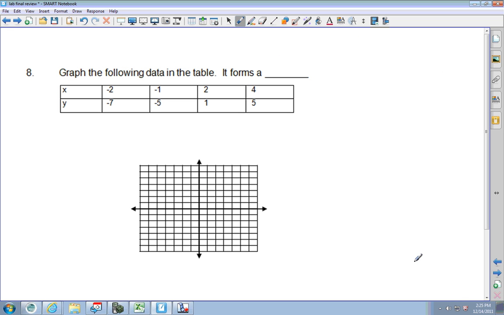The next one says graph the following data in the table and it forms a blank. Well, let's graph this. Negative 2, 7. Negative 7 down here. The next one is negative 1, negative 5.